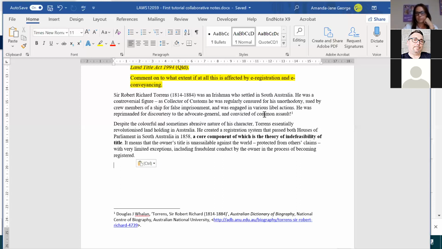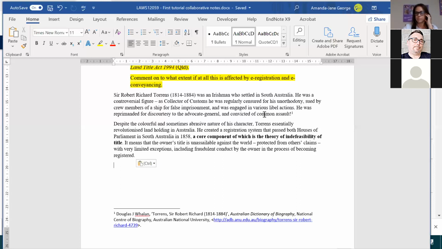This is just a 2-minute summary. But under Torrens title registration, as soon as you get registered, that's it. Indefeasibility. Except for, as I say, very limited exceptions, one of which is fraud. Generally speaking, fraud by the owner in the process of becoming registered is one of the exceptions to indefeasibility.